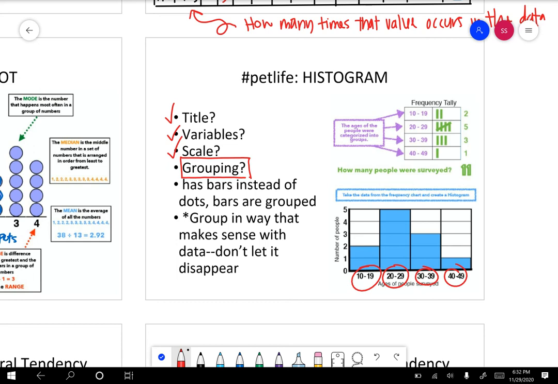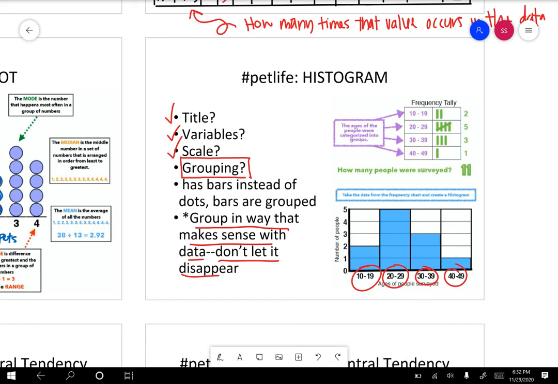We have a group of numbers. So that's the difference between dot plots and histograms. We have groupings of numbers. And the hardest part is to decide what your group is going to be, right? So you need to group in a way that makes sense with your data.